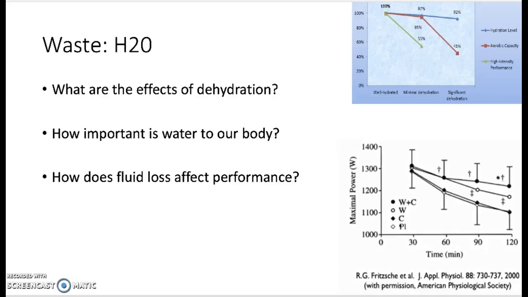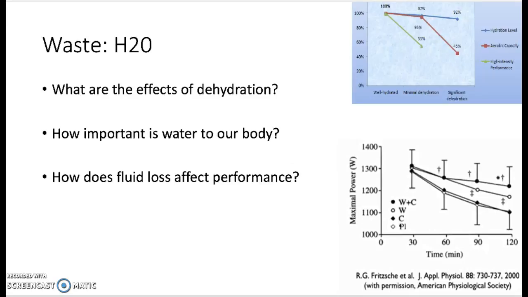At 3% there's a significant increase in body temperature with aerobic exercise. At 5% weight loss there's a significant increase in body temperature, decrease in aerobic ability and muscular endurance. There's a possible 20 to 30% decrease in strength and anaerobic power, and a susceptibility to heat exhaustion.